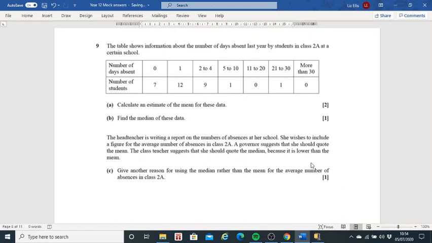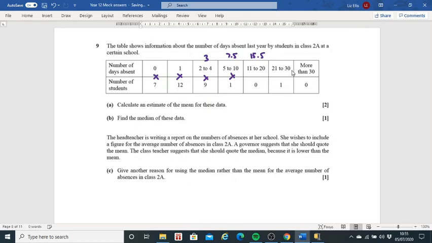Right, question 9, we had to find an estimate of the mean. Right, how do we estimate the mean? Well, we do midpoint times frequency. So we're going to do 0 times 7, 1 times 12, 3 times 9. Halfway between this is 7.5 times 1. Halfway between these two is 15.5.